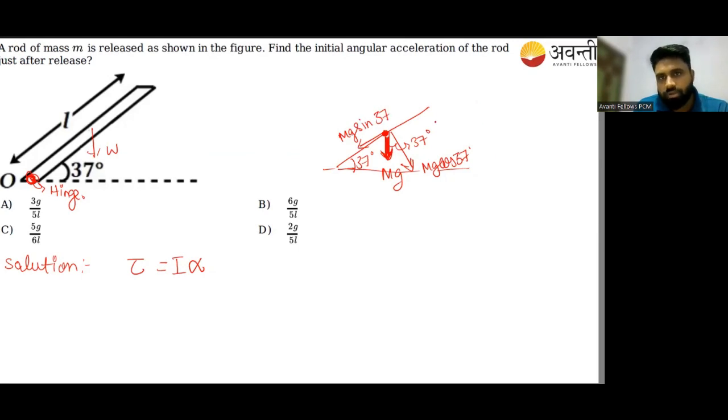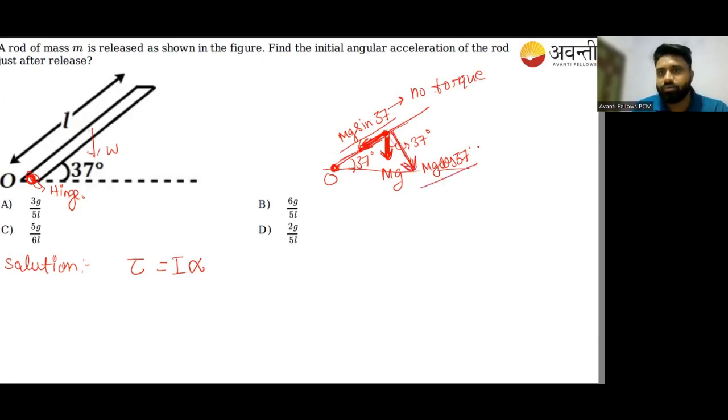So the torque provided by, here we have two components of force, and this is our axis of rotation. So this mg sin 37 is passing through the center of rotation, so it has no torque. Only the force which is perpendicular to the line contributes to the torque.